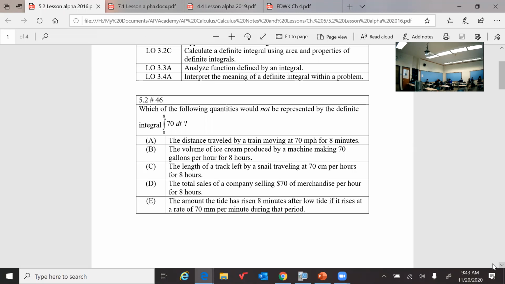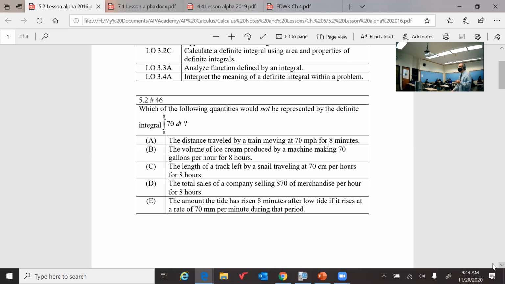Here we go. Yeah, A doesn't make sense. Why not? Well, you're right, it's your big guess. Ben. Units don't match. Because the question says the train's going at 70 miles per hour.